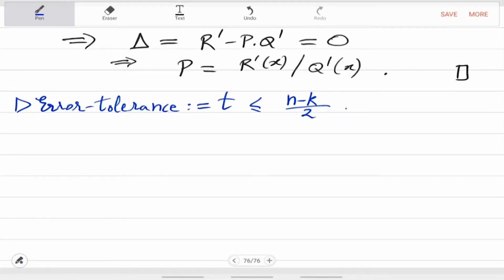So if your alphabet is the field alphabet, which has field elements, then in that alphabet you have little n many symbols. That is the length of the code word, and roughly half of that can be corrupted, right? So it's not n by 2, it's n minus k by 2, but it's quite close to half.